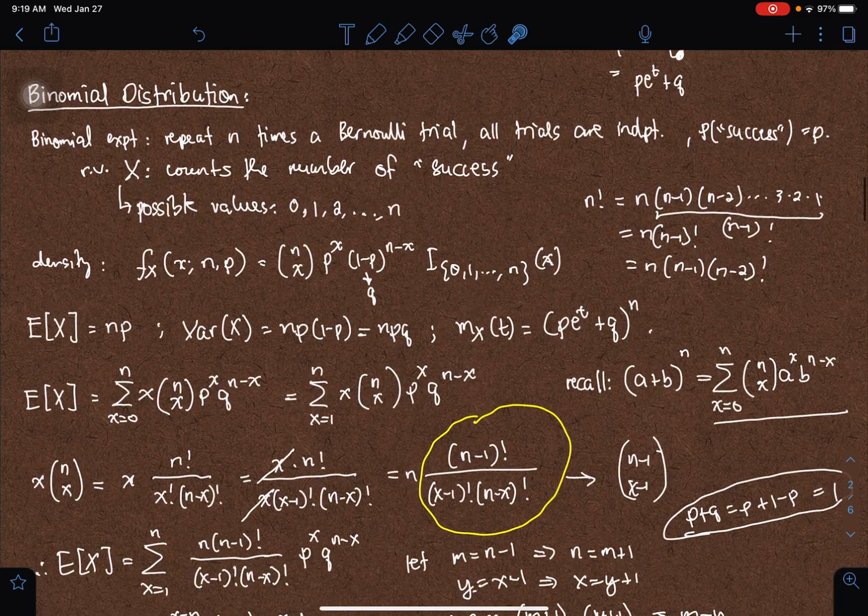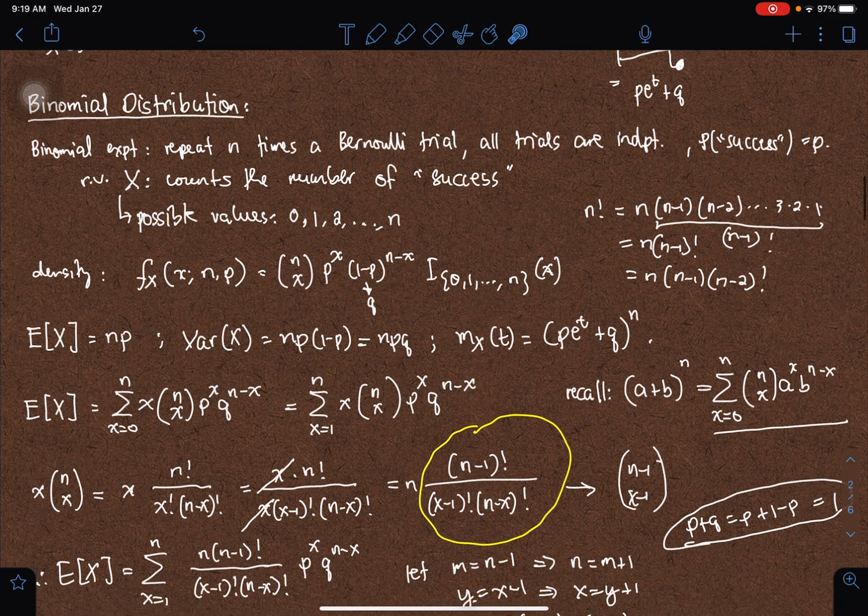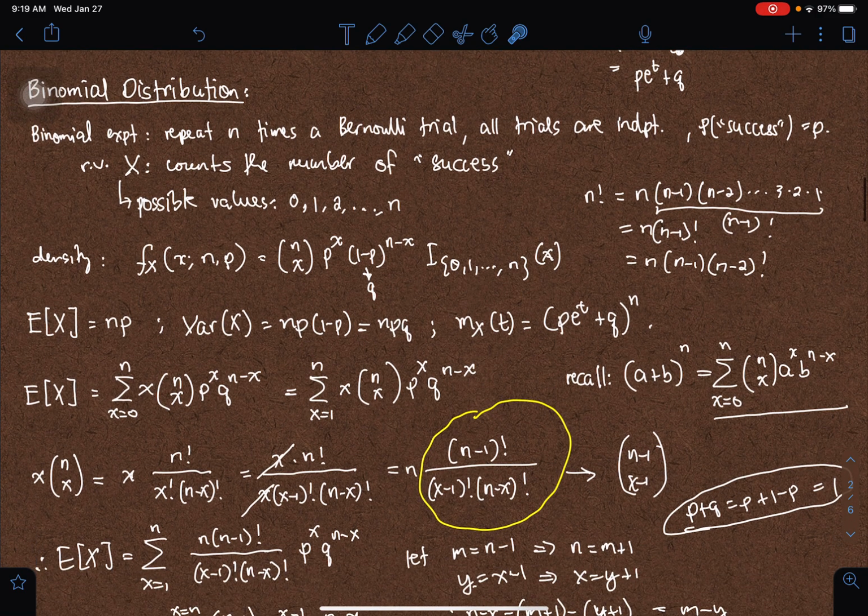Okay. Now, let's proceed to the binomial distribution, which is related to the Bernoulli distribution. We start off with a binomial experiment. A binomial experiment is an experiment where we repeat a Bernoulli trial, or a Bernoulli experiment, n times.